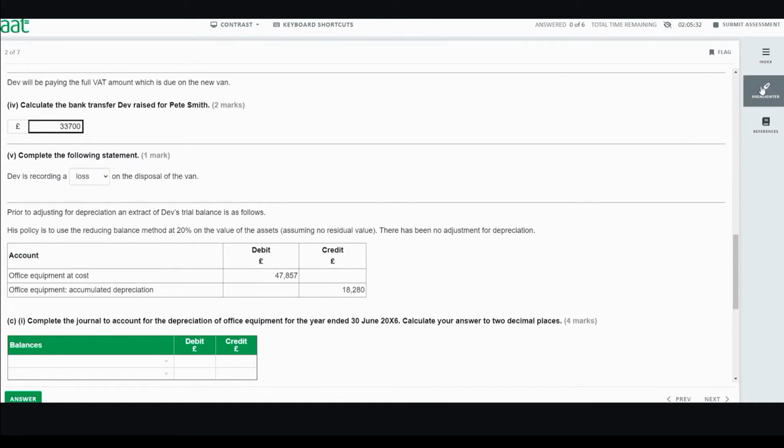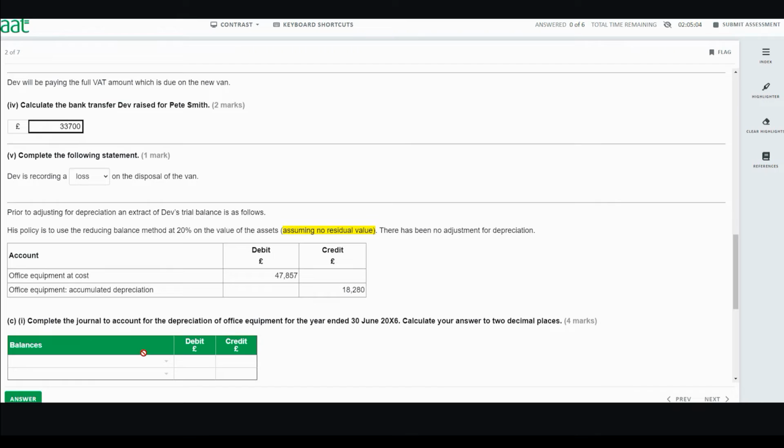This bit has been thrown in to throw you off guard, I think, because when you're using reducing balance, we don't take into account residual value anyway, purely because when using reducing balance, it never gets to zero. It'll just constantly keep going. The value will just keep reducing, but it'll never get to zero before you get rid of the asset.